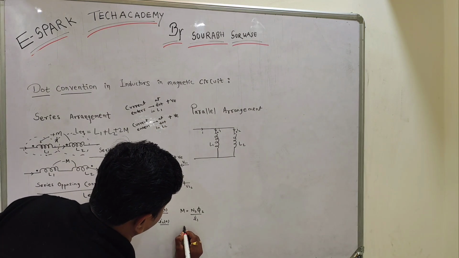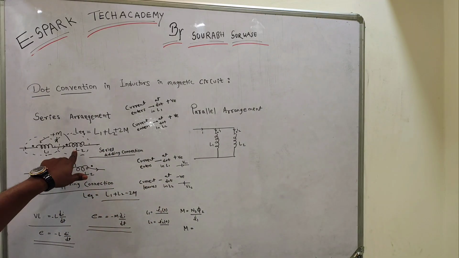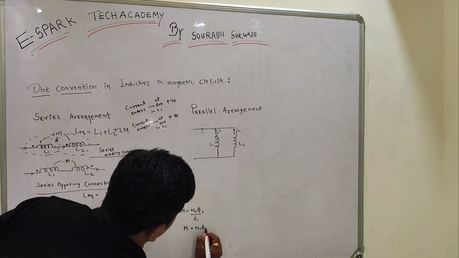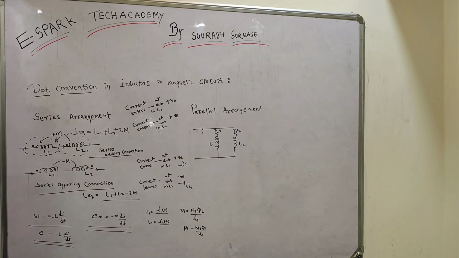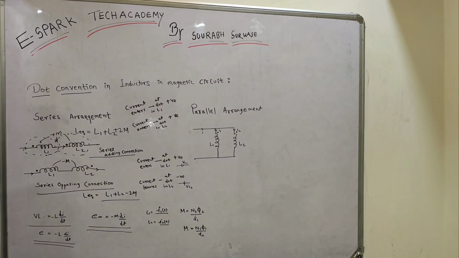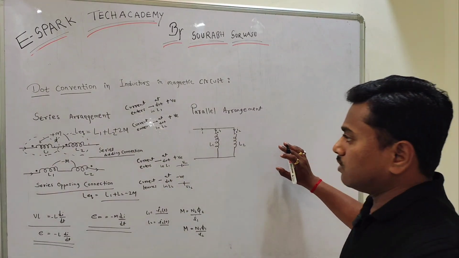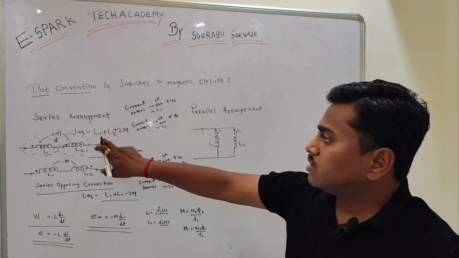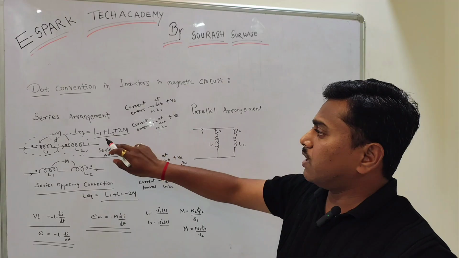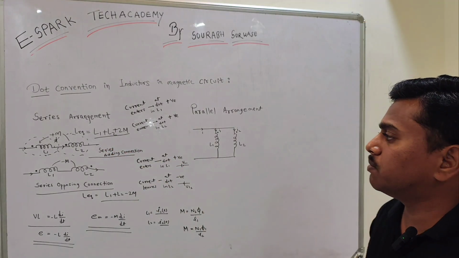The same case will be when the other coil creates it: N1 into Phi1 divided by I2. This is how mutual inductance comes into existence. In this series arrangement, as these fluxes are adding to each other, L1 plus L2 plus 2M is present.